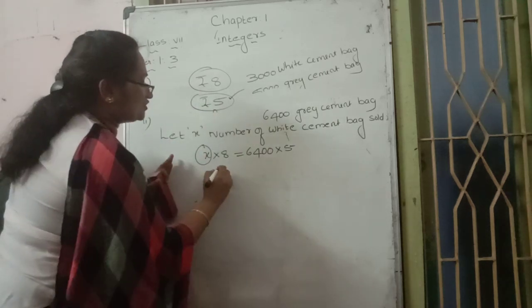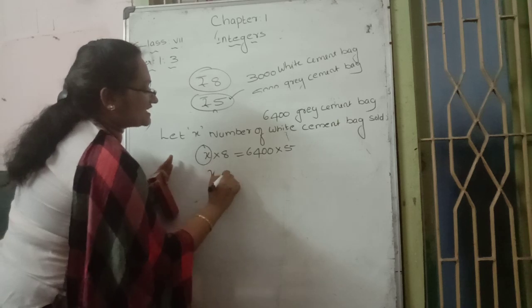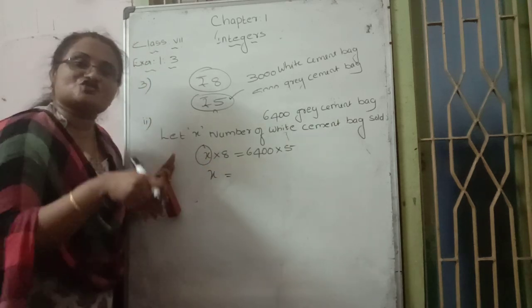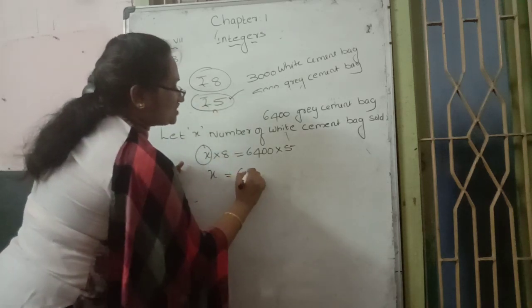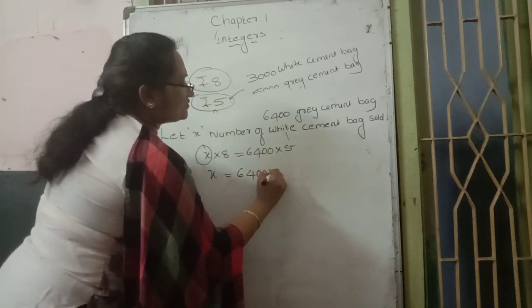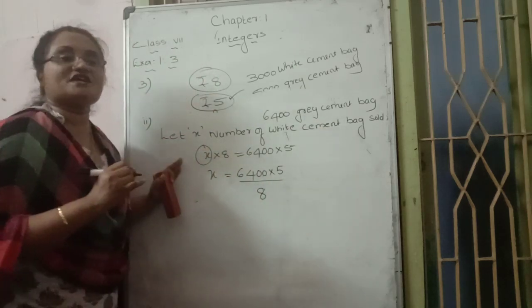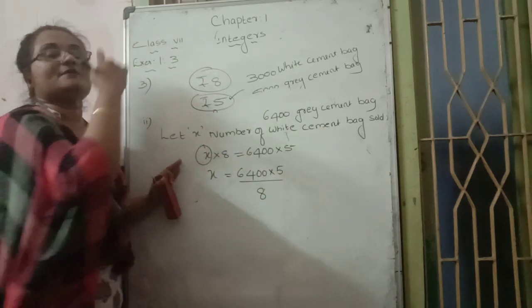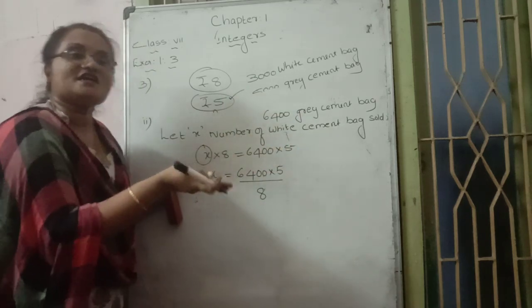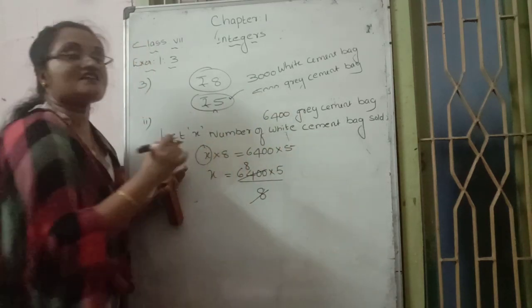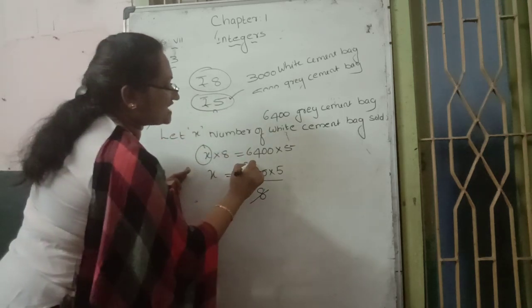So how to find the x value? Keep the variable x on the left side, and the multiplied 8 goes to the opposite side and becomes the denominator. So 6,400 into 5, with 8 as the denominator. A multiplied number goes to the opposite side and becomes the denominator. 8 table, 64: how many times? 8 eights are 64, but 2 zeros are there.